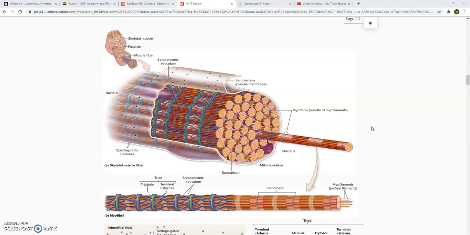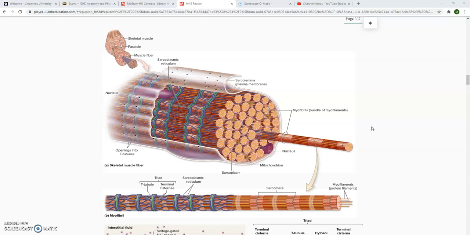So these structures that are part of the skeletal muscle cell are similar to the parts that we learned about back in chapter 4, when we learned about the endoplasmic reticulum, Golgi apparatus, ribosomes, nucleus, those things. But because the skeletal muscle cell is a little more unique and has a specific function, they have changed the names a little bit.